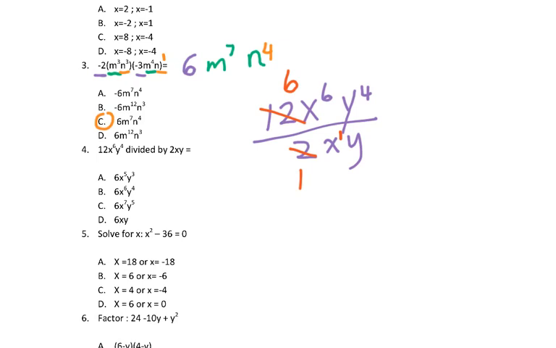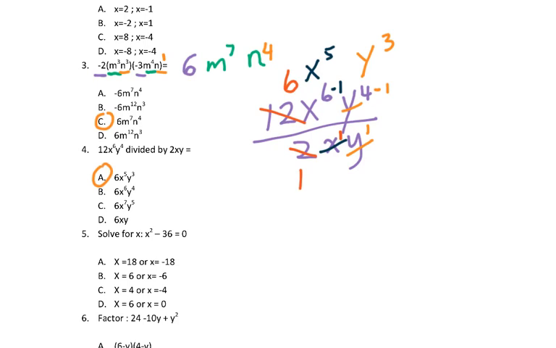That's how you get 6 minus 1, so x to the 5th power. For the y part, it's 4 minus 1. Therefore, you'll get y to the 3rd power. Therefore, your answer is A.